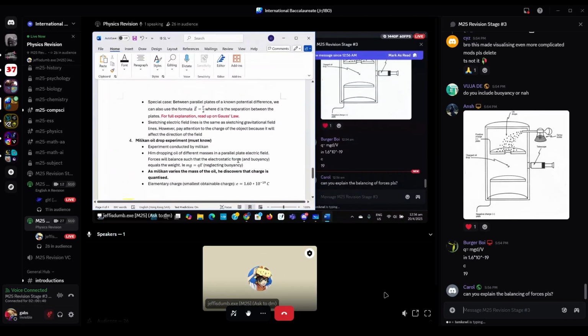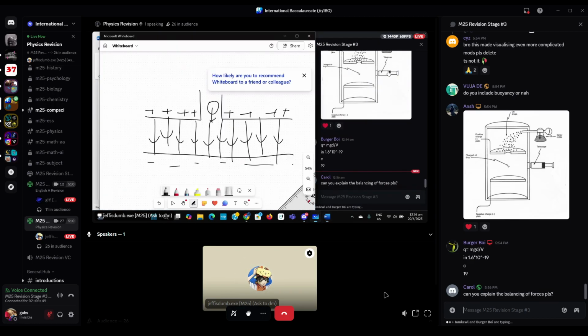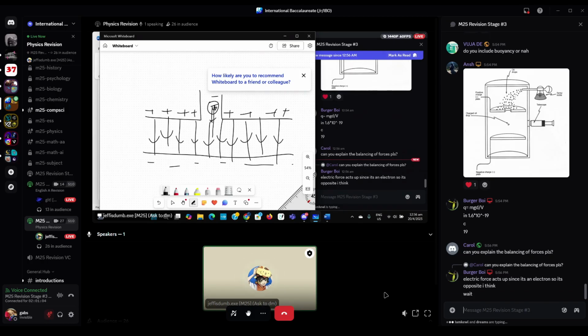Balancing of forces. Okay, so what happened? When the oil is dropped through the electric field, can you now explain? The oil is charged, negative in this case. So when it enters an electric field, there is a force acting on it.